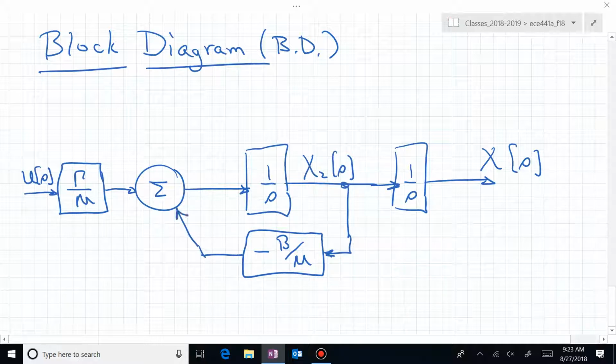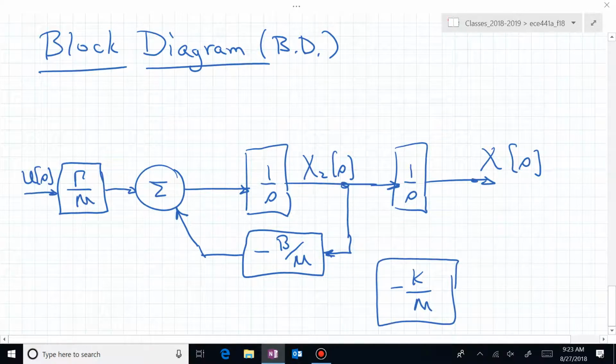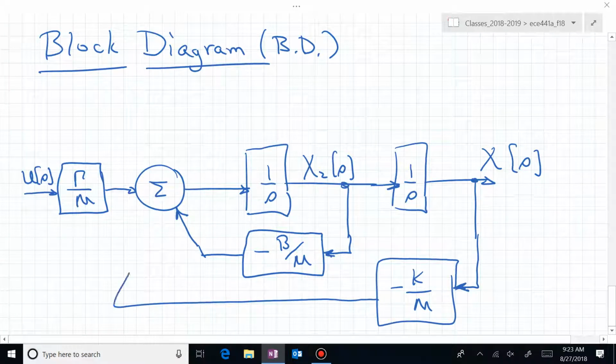And if I don't indicate a sign going into these arrows on the summing junction, you can assume that it's positive. So my sign is now in the gain itself, and we have a minus k over m scaling the position and feeding that back to form the 3 inputs of that summing junction.